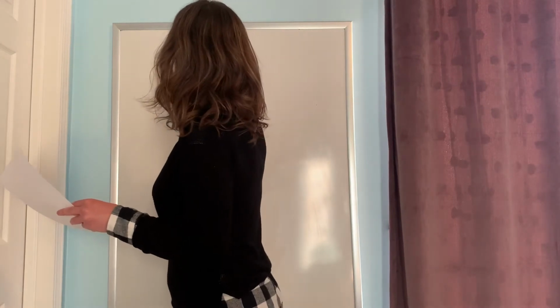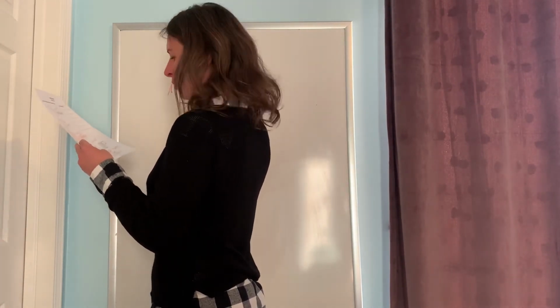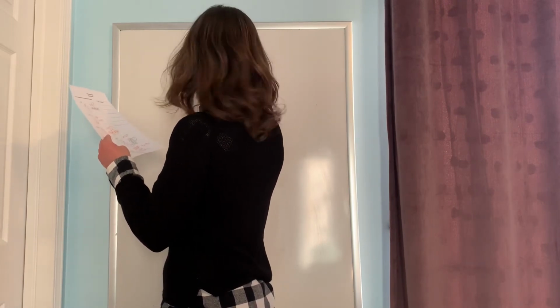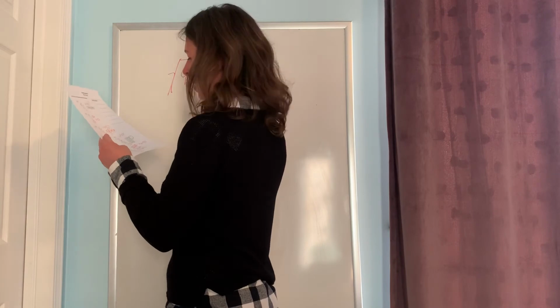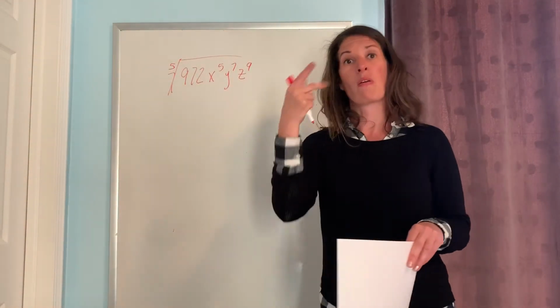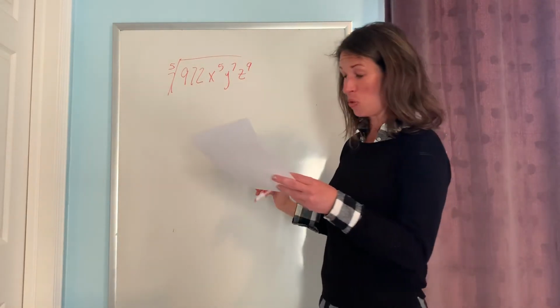Our last thing is holy huge. 972 x to the 5th, y to the 7th, z to the 9th, and it is the 5th root. So first thing we do is we break everything down. I'm going to break down this 972.